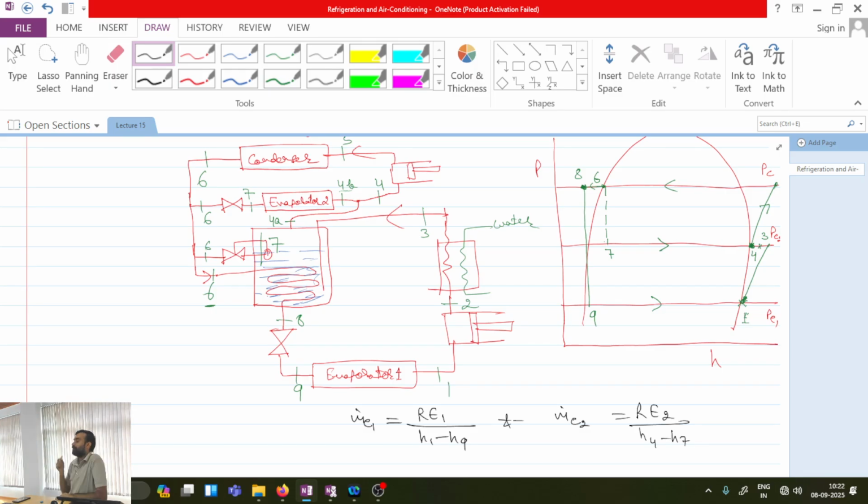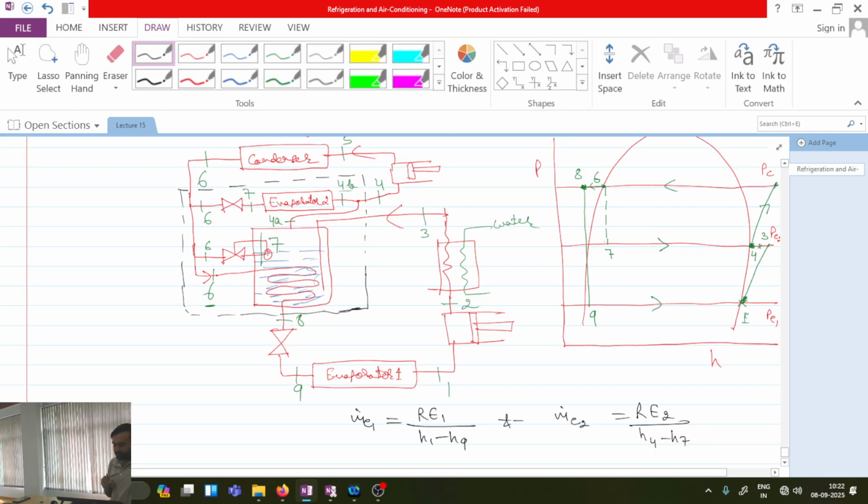Okay, so how much will be the total? How to determine? Let me draw a control volume. This is a control volume. Now you tell me what is happening in this control volume. Let us consider m dot 1 is the mass handled by the low stage compressor and m dot 2 is the mass handled by the high pressure compressor.